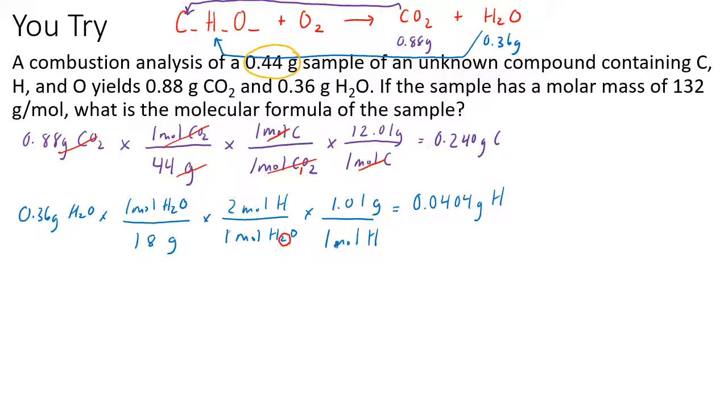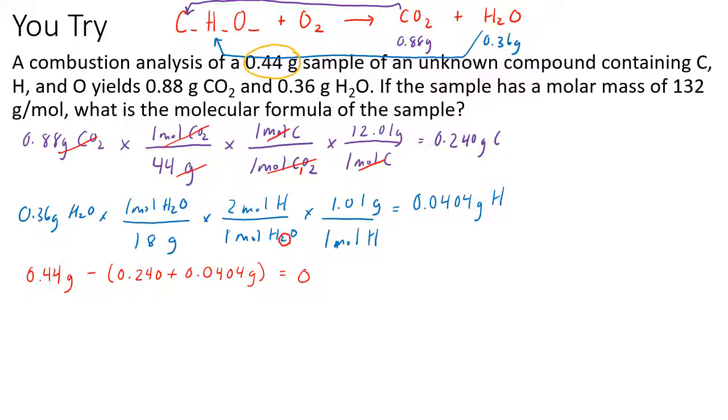We're going to need to subtract in order to figure out the grams of oxygen. So starting with our total sample mass, which was 0.44 grams, we're going to subtract off the sum of the mass of the carbon plus the mass of the hydrogen to give us our grams of oxygen.